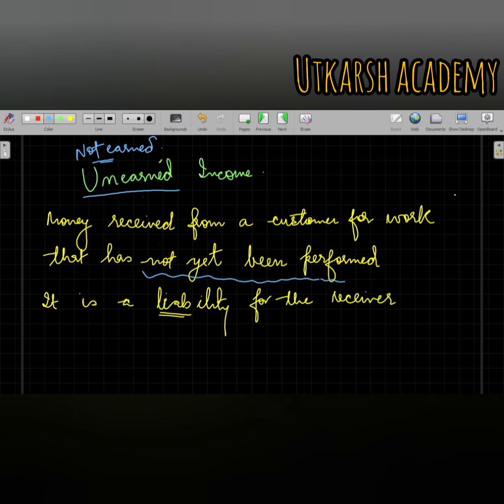It means we have not performed the job, but in advance we have received the money. So this is unearned income. It is a liability for the receiver, because the receiver has not yet performed the job, but he has received the income. So it is a kind of liability for the receiver.